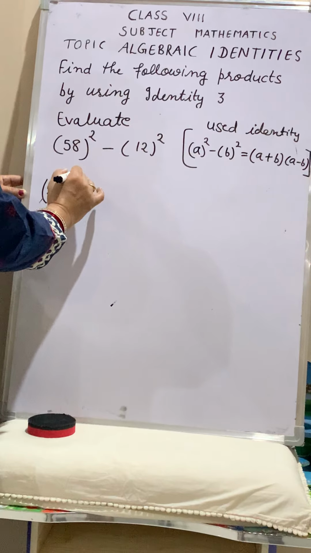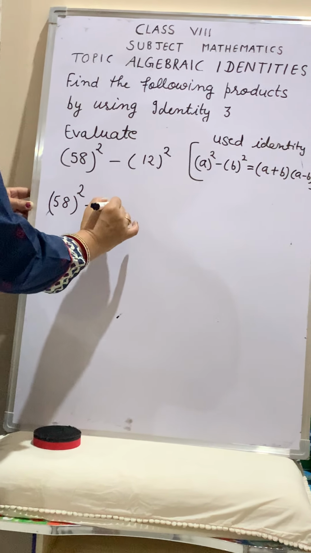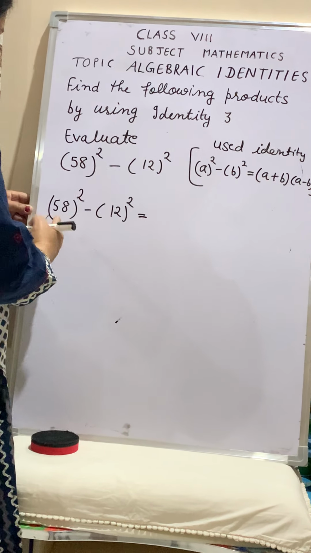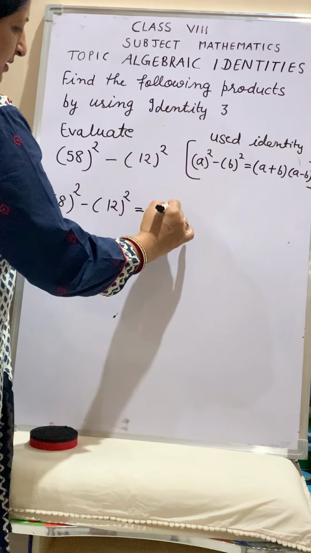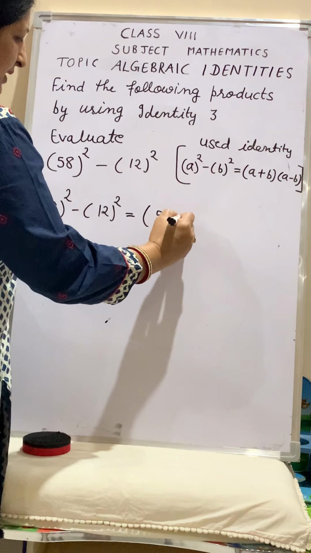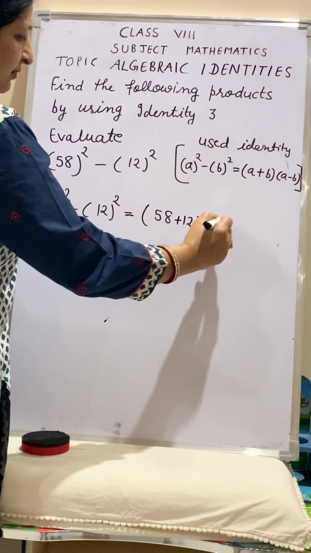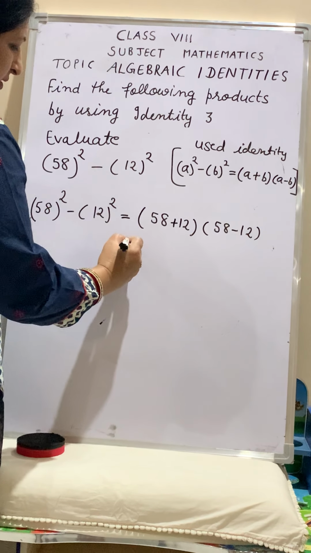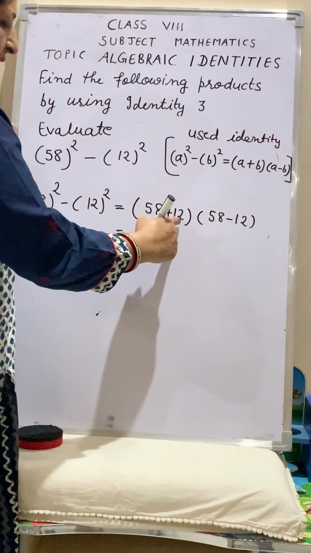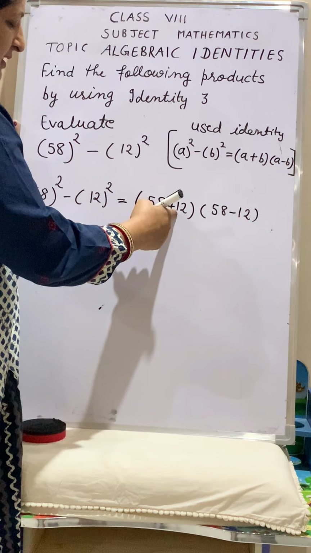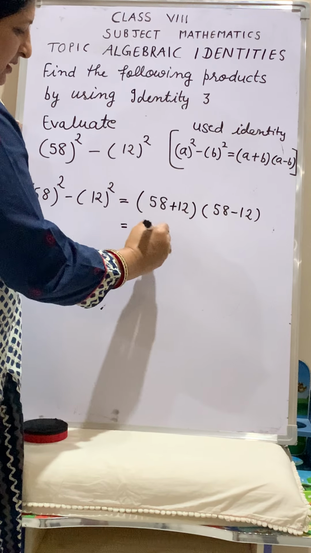It is the statement. Now we will use the identity. First of all, we write the right hand side, is equal to, what is the first? 58. So we will write the left hand side: 58 plus 12, 58 minus 12. Now we will solve. 58 plus 12: 8 plus 2 is 10, 5 and 1, 6 and 1, 7.